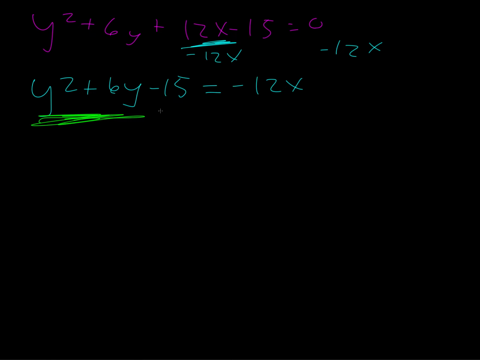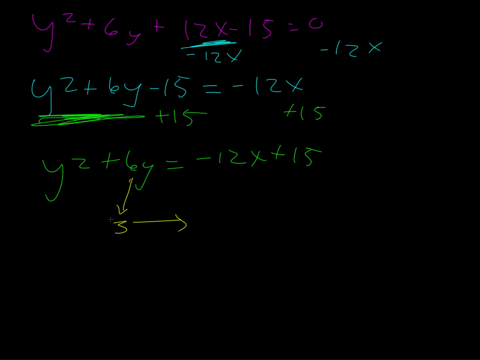Actually, yeah, let's move it. So add 15, y squared plus 6y equals negative 12x plus 15. We don't need to divide anything out right here, but we need to do the L step. So that's divide by 2, and then square. So that's a 9. So we're going to add 9 to both sides.